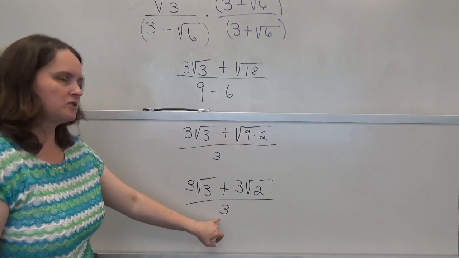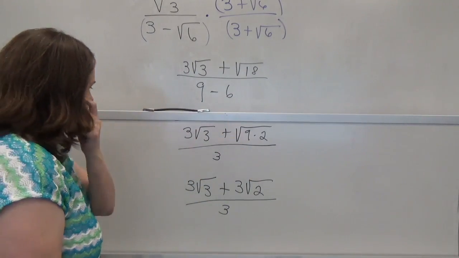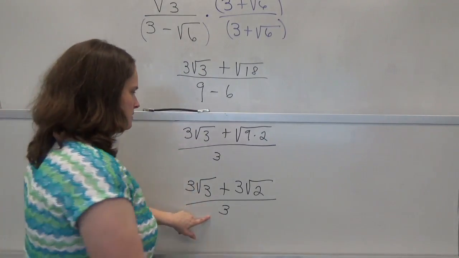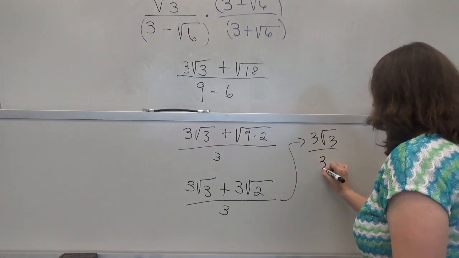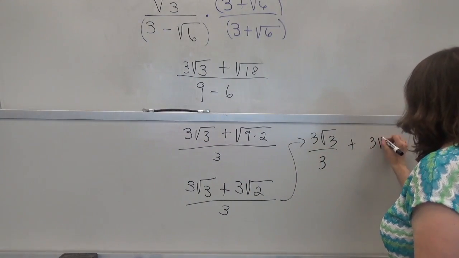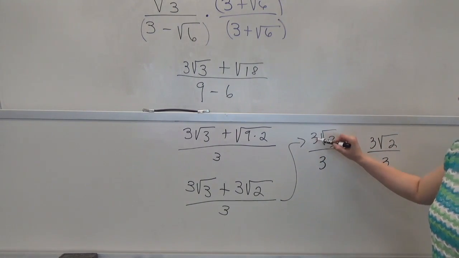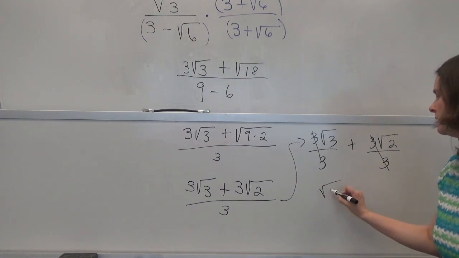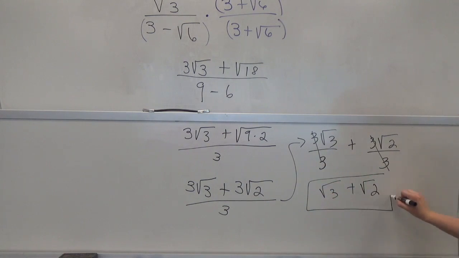Because the denominator now just has a single term, we can break this apart into 2 pieces, and we can say that this is 3 square root 3 over 3 plus 3 square root 2 over 3. Writing it this way, we can see that these 3's are going to cancel here and here. So we've got square root 3 plus square root 2. That is our final answer for that problem.